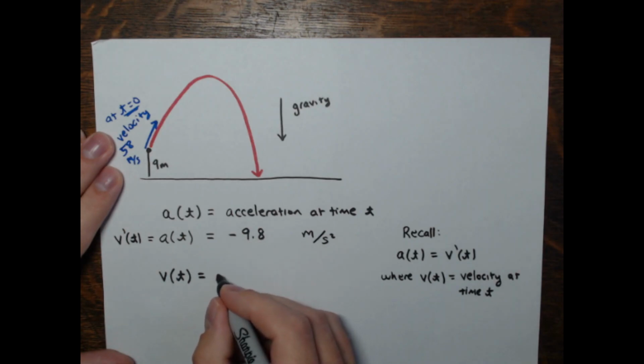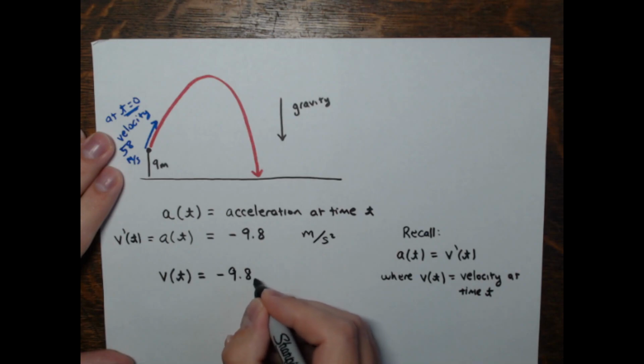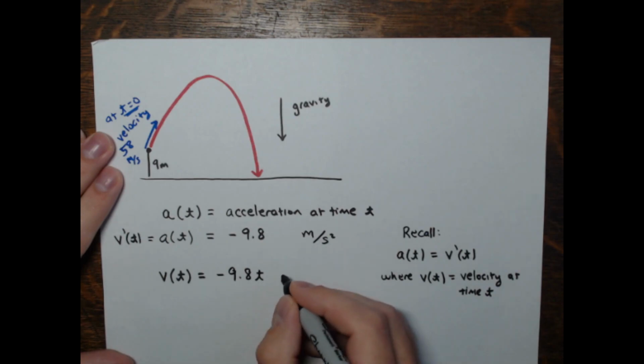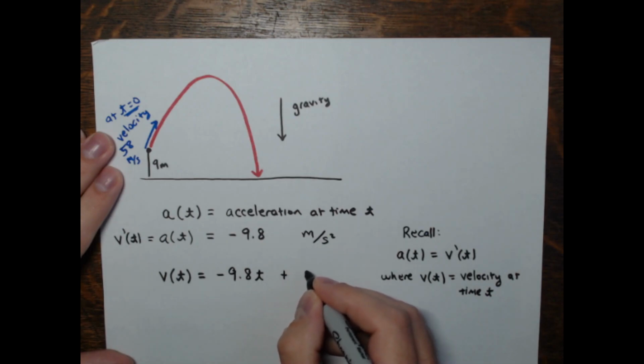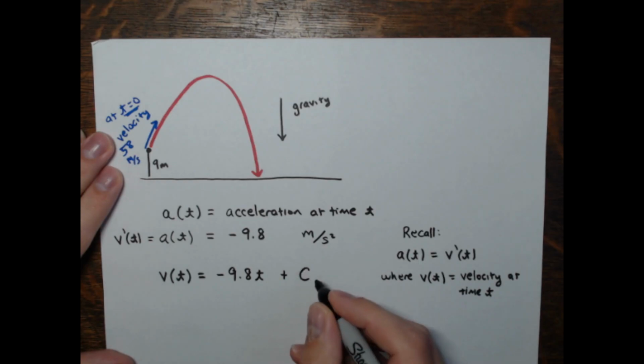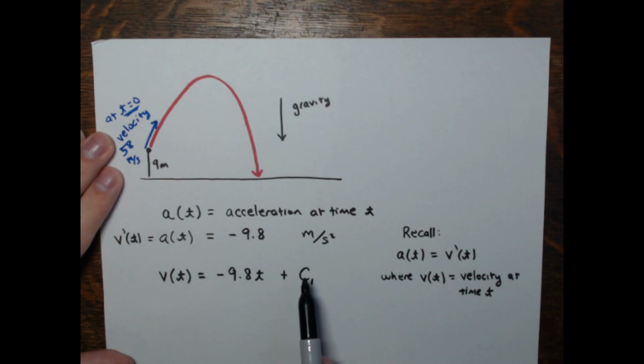Now this is a constant, so this is simply negative 9.8t, then don't forget plus some other constant, so plus c. Because I'm going to do this again to get the position function, I'm going to call this c1, the first constant here. So velocity will be negative 9.8 times whatever time you're at, plus some constant c1.